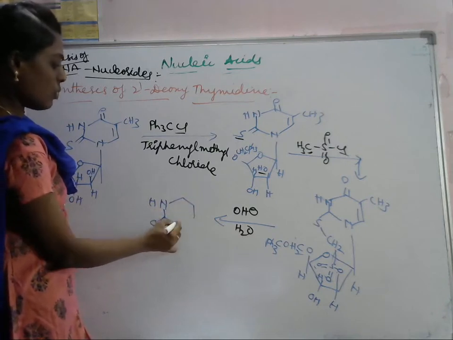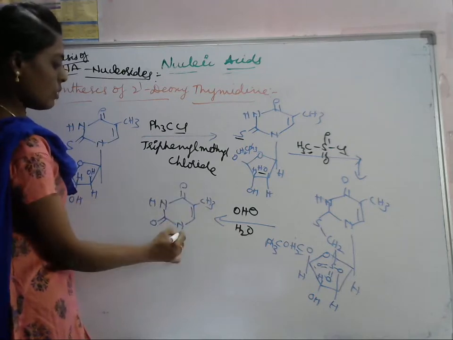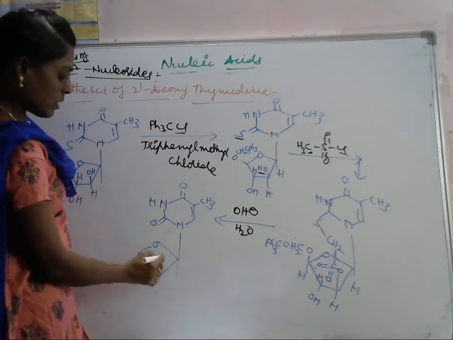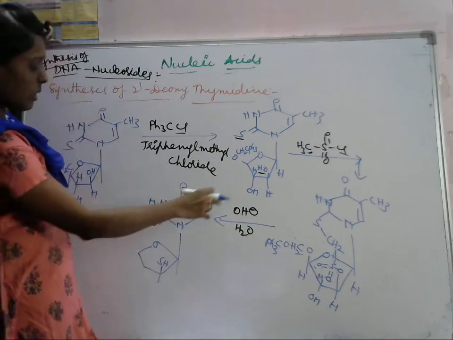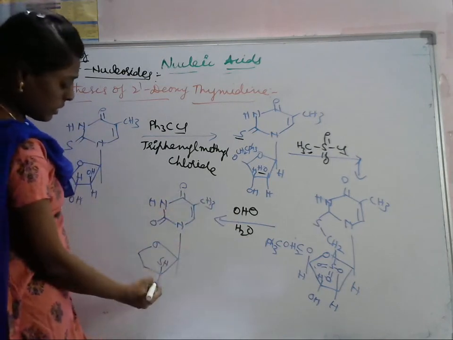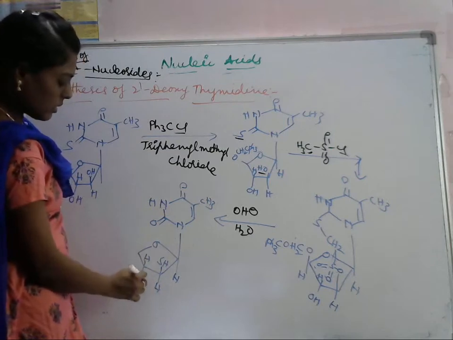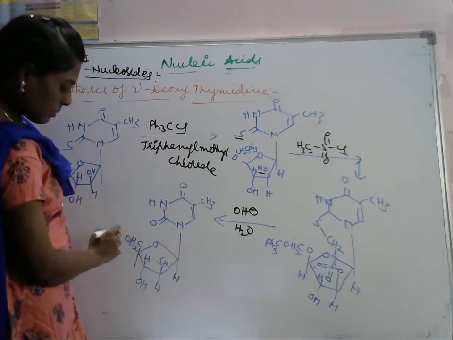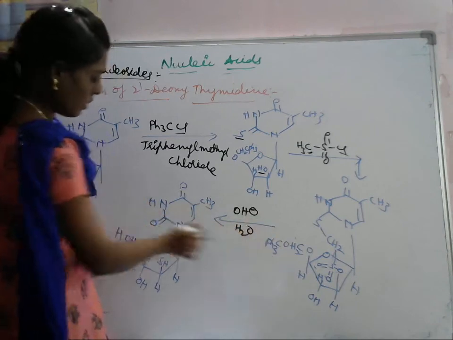This is converted into O. Here CH3 group is there, double bond O. Here O. This is converted into SH after treating with base hydrolysis. Okay. Here this will also be deprotected. This is converted into H.